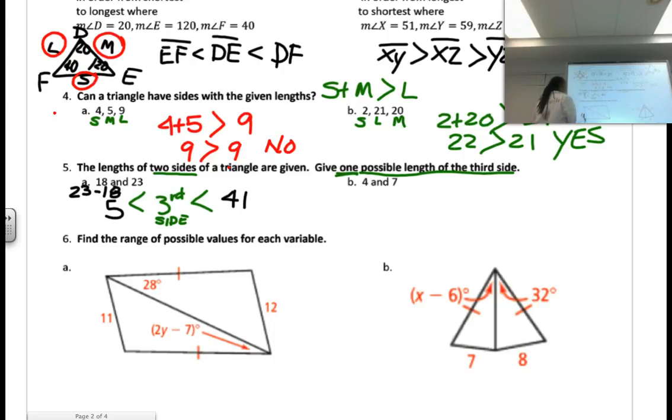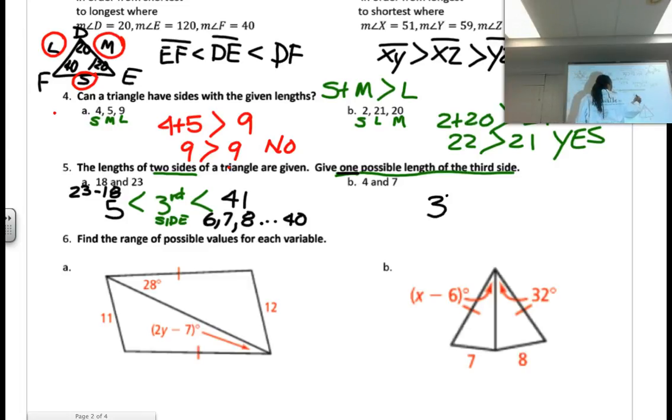So there's several numbers. You could start with 6, 7, 8, and go all the way up to 40. You could even put a 40.99999 if you want. So when they ask for one possible number, you just select one of those from that range of numbers. Same thing for the 4 and 7.